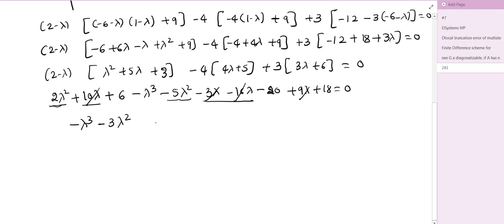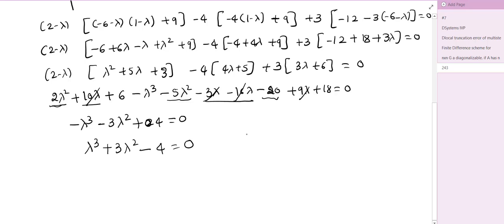So we have 6 plus 18, that is 24, and here also we have minus 20. So 24 minus 20 will be just 4. If I take the negative out, it is lambda cube plus 3 lambda square minus 4 equal to 0. So you have a cubic equation here.